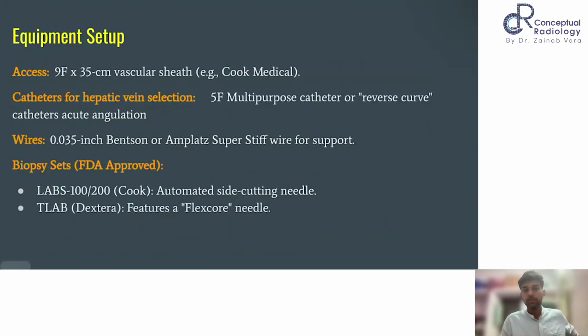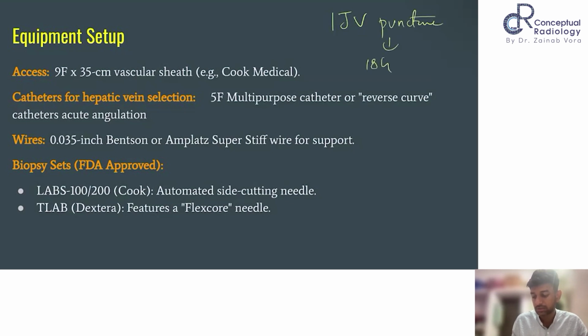Coming to the equipment, what all do we need? We need a 9 French vascular sheath. First we need to puncture the internal jugular vein. The IJV puncture is usually done using an 18 gauge needle.